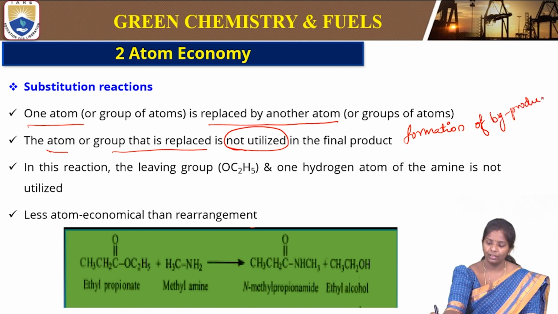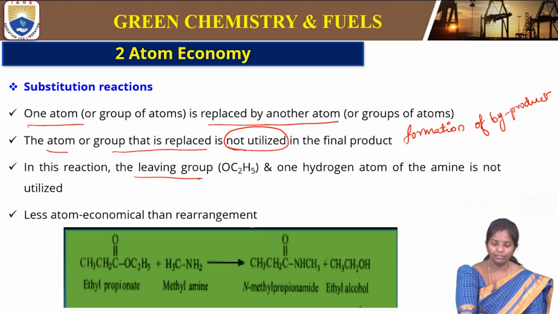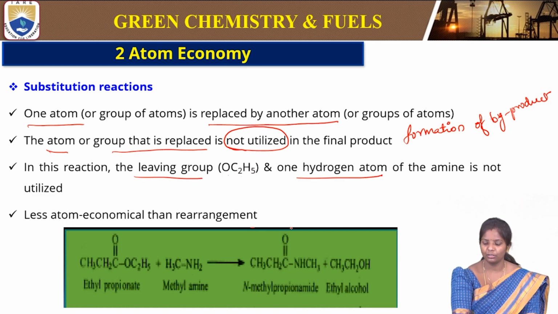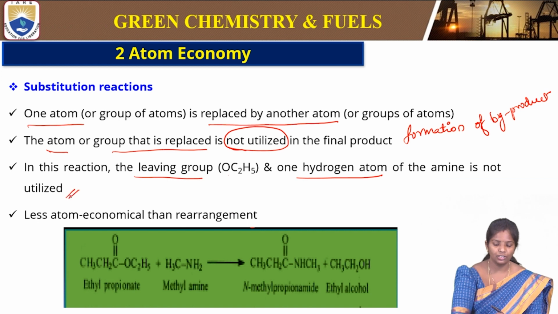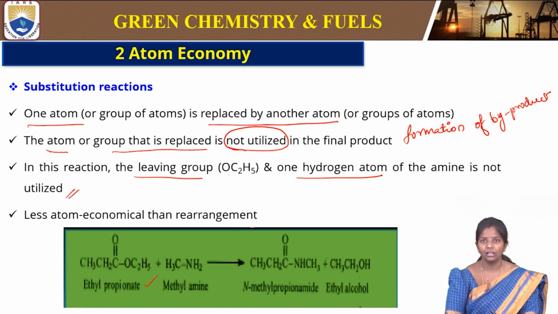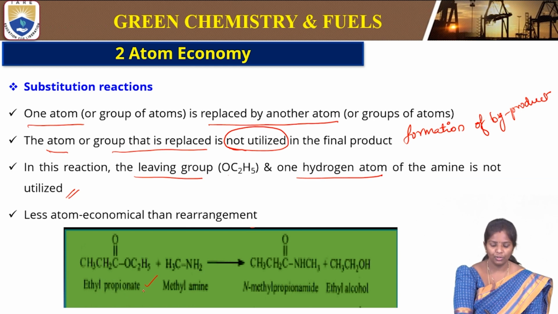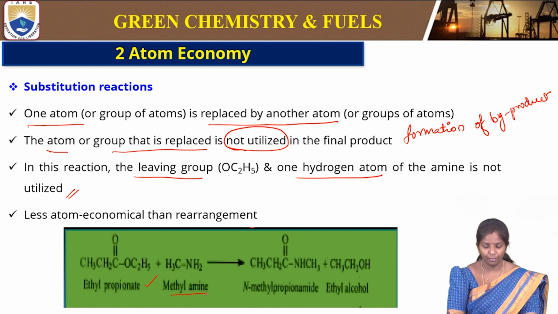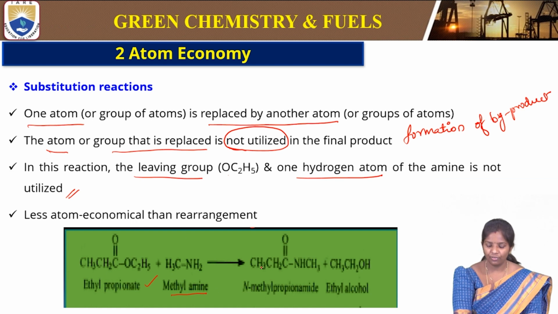In this reaction, the leaving group C2H5 and one hydrogen atom of the amine are not utilized. For example, ethyl propionate reacting with methyl amine forms N-methyl propionamide.